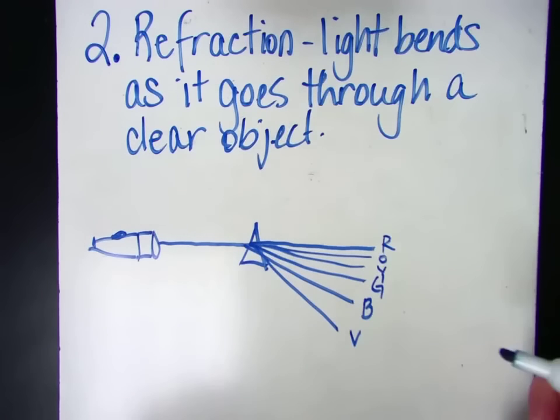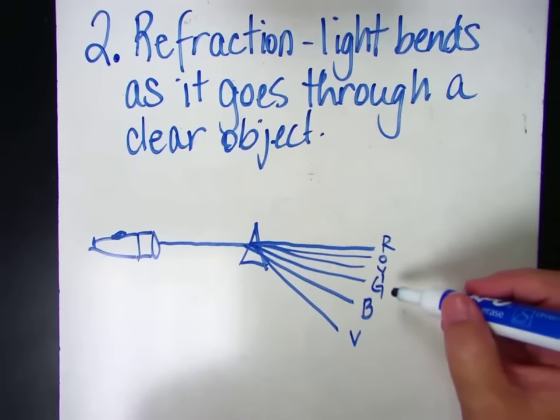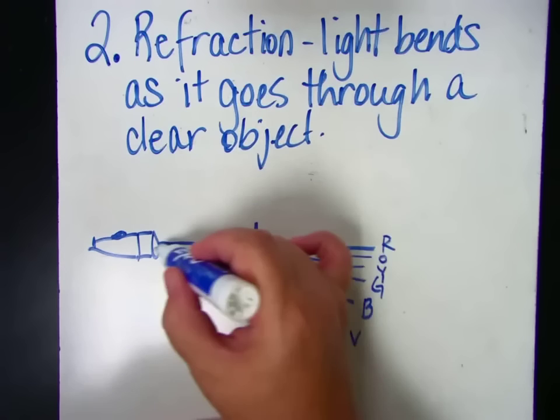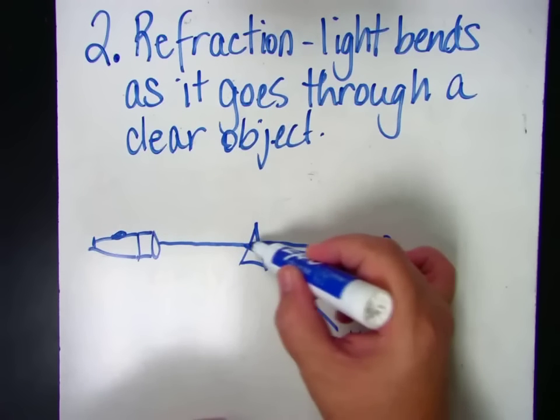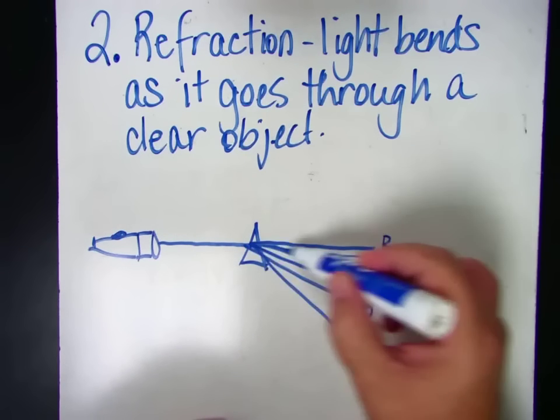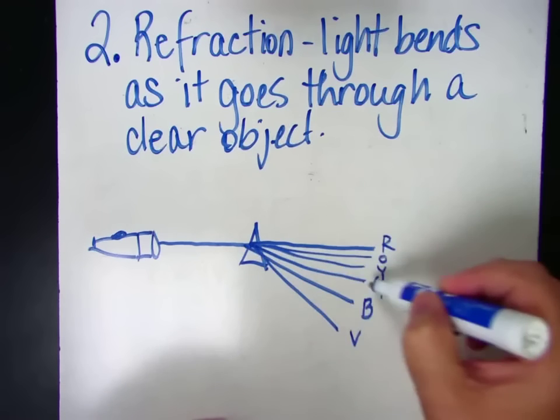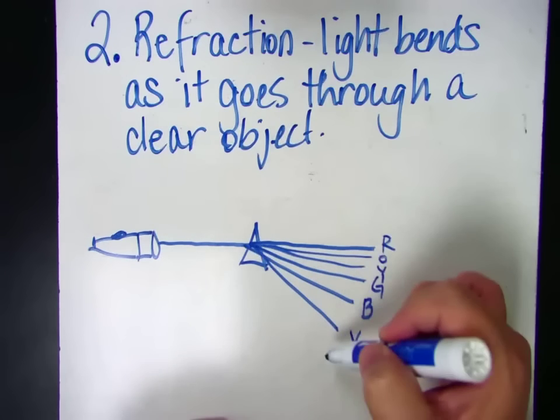And that's why we saw the beautiful rainbow on the ceiling and on the floor, because the light bent and it refracted or fractionated into its component wavelengths.